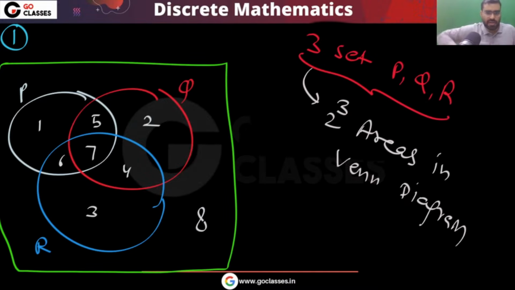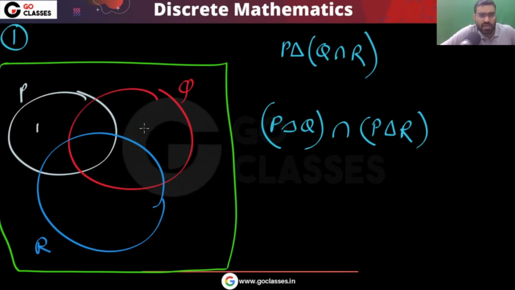So total 8 areas you have. Is this clear?